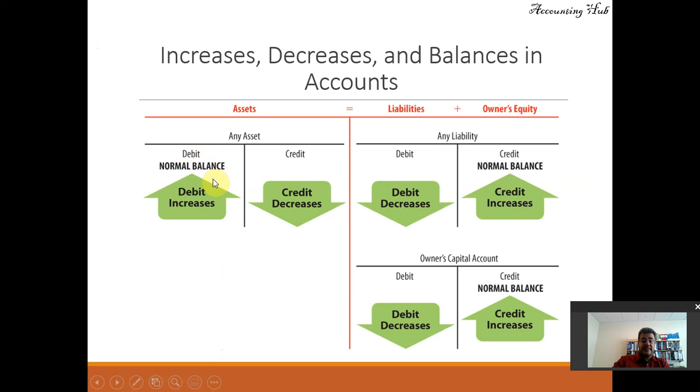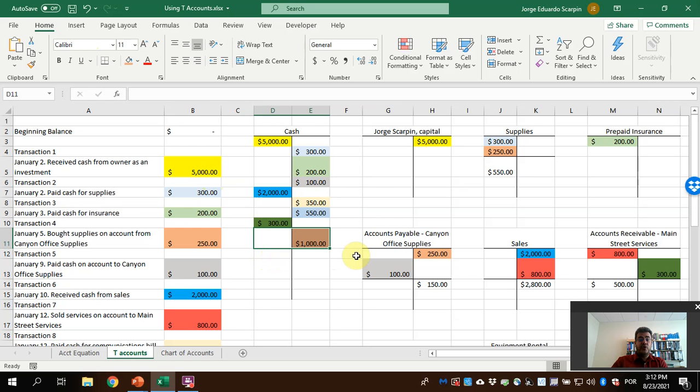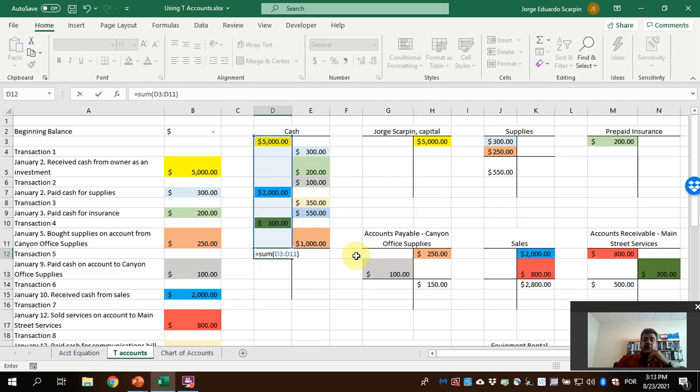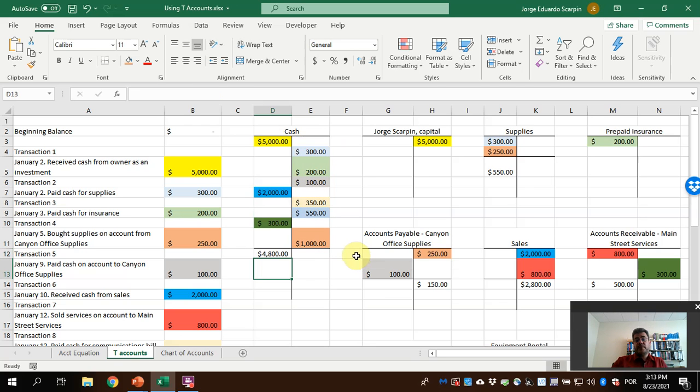Normal balance is debit. So what do we do here? Equal sum. We are summing our debit less sum of our credits, because our credits decreases our asset. And here we go, $4,800.